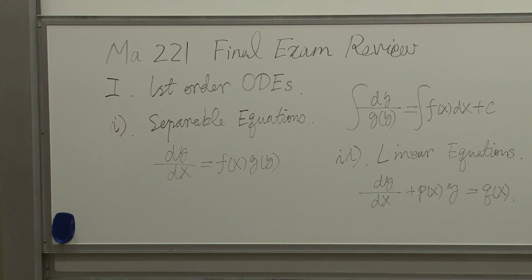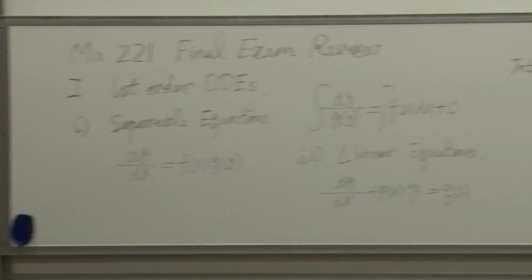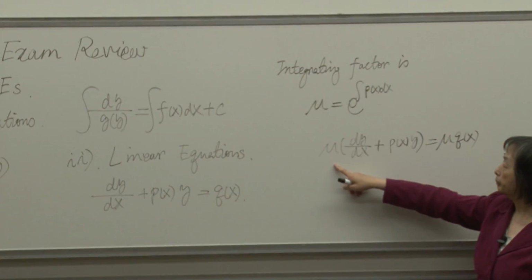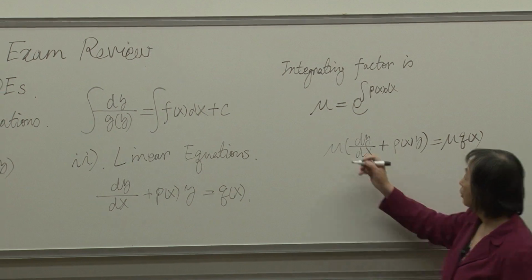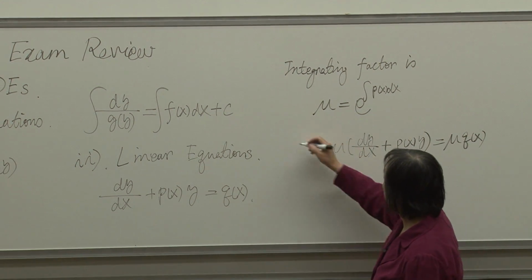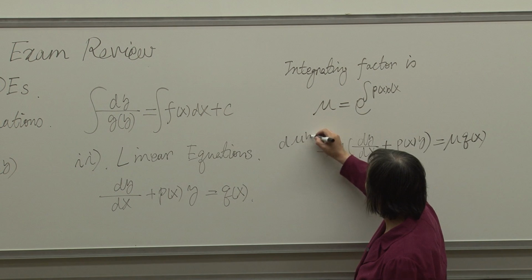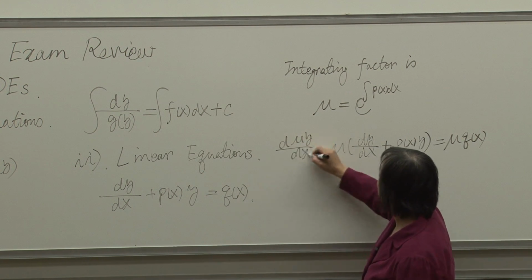If we multiply both sides of this linear equation by the integrating factor, on the left-hand side, we'll get a derivative. What we mean is, after multiplying both sides by mu, we get the derivative of mu times y on the left-hand side.